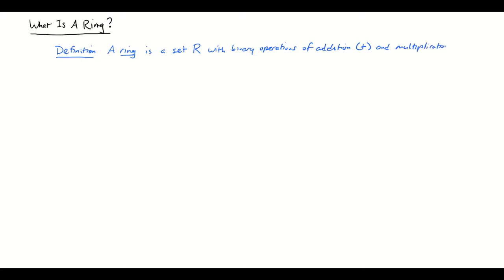For reasons I'm going to talk about later, I'm not going to state a symbol for that. We could call multiplication star or something. We're not going to use that symbol most of the time. We will use the symbol dot, but not exactly for the multiplication we're describing here, but more on that later. So a ring is a set with binary operations of addition and multiplication, satisfying the following properties.